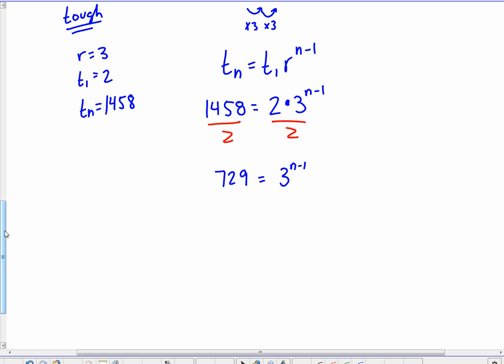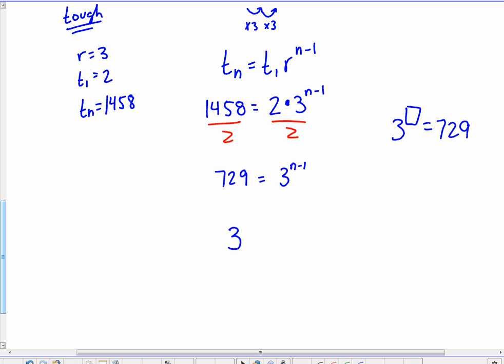What we're going to do is make the left side of our equation 3 to the power of something. So 3 to the power of something equals 729. This is where the guess and check comes in. You're going to grab your calculator, try 3 to the 5, 3 to the 6, 3 to the 7. 3 to the power of 6.